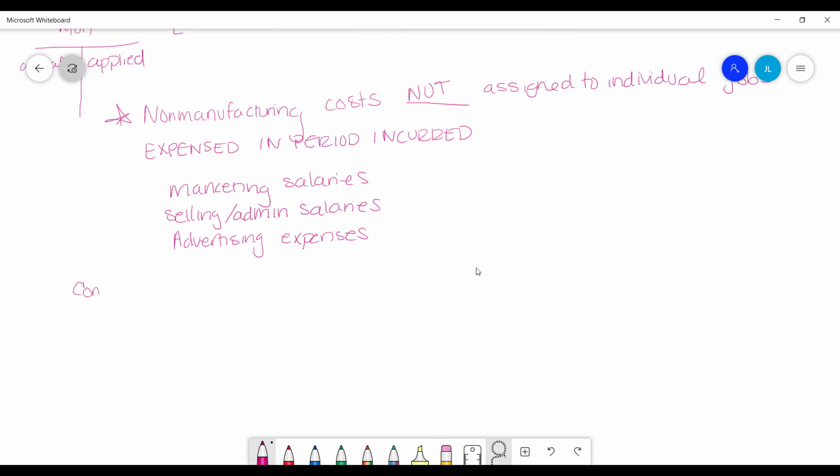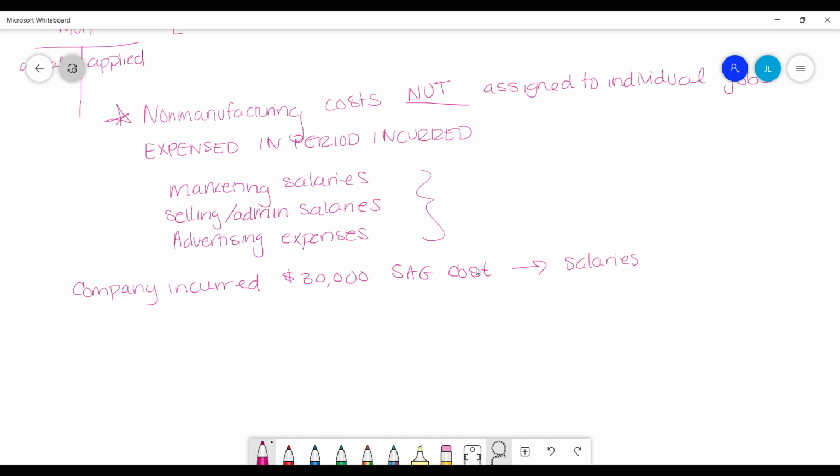So let's assume that the company incurred $30,000 of SAG costs, meaning selling, administrative, and general, some mixture of those, right? Let's assume it's $30,000 of SAG costs. So I'm going to specifically assume that this is $30,000 of salaries.